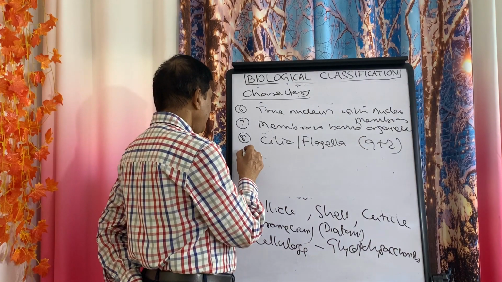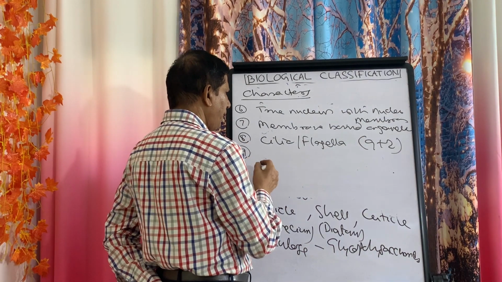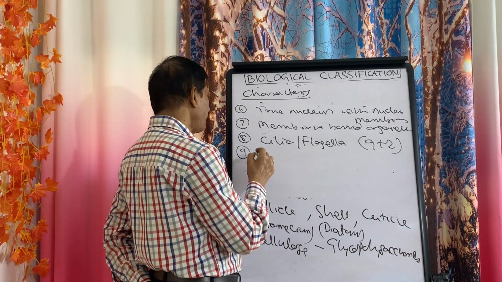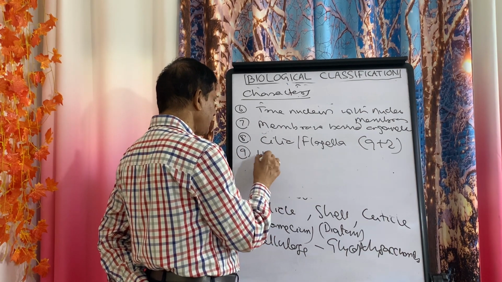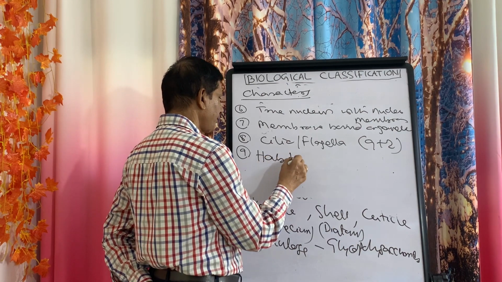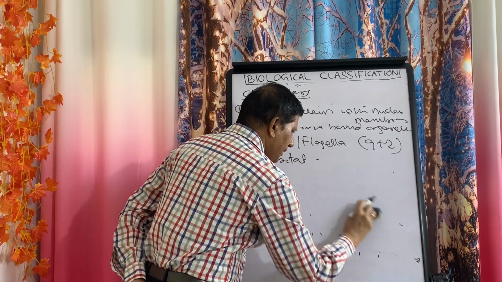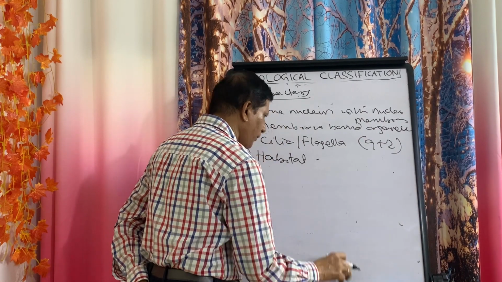Then the next character is reproduction. Another very important thing, these are the characters. Now you come to the habitat. Usually the habitat they prefer is always aquatic.